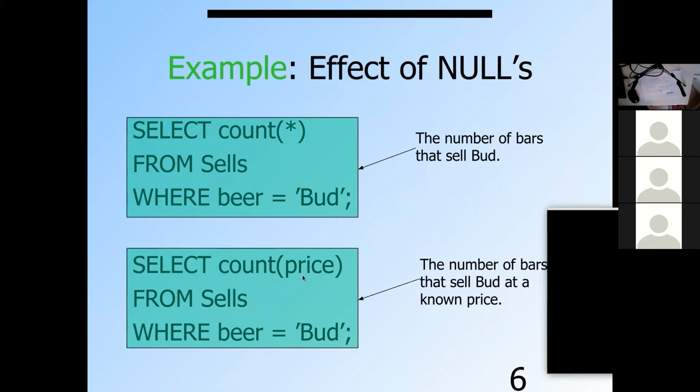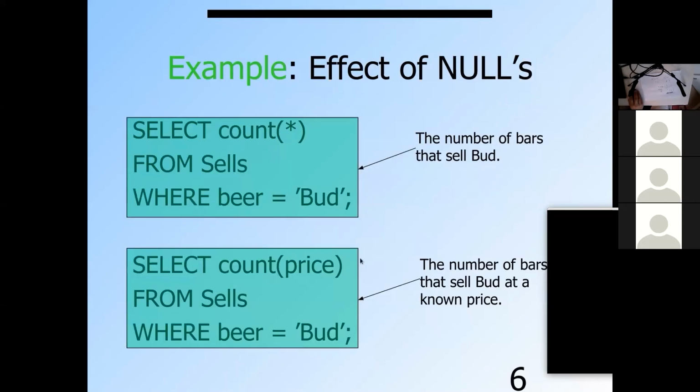For average, sum, min, and max, select max star doesn't make any sense, because it has to actually be a single value. But it can be a string or a number, right? Because the max string will be the one that's highest in alphabetical, lexicographical order.